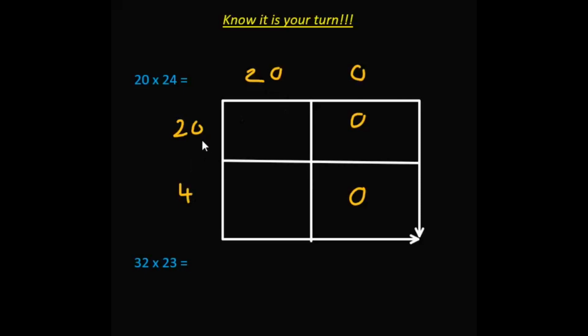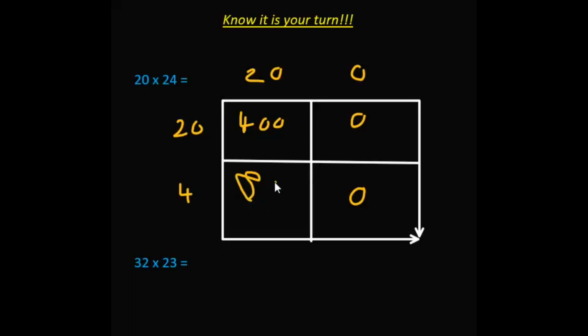We have a lot of 20 times 20 in this video. Okay, so now let's do 20 times 20, which is 400. Okay, 20 times 0 equals 0. Anything times 20 equals 0, right? And now let's do 4 times 20. 4 times 20 is 80.